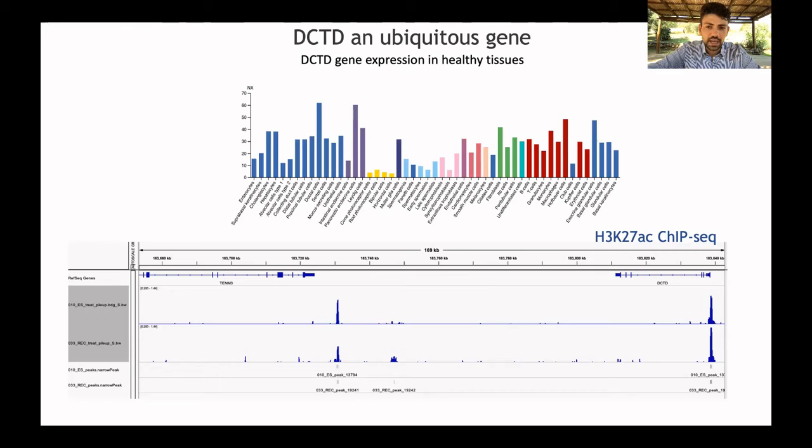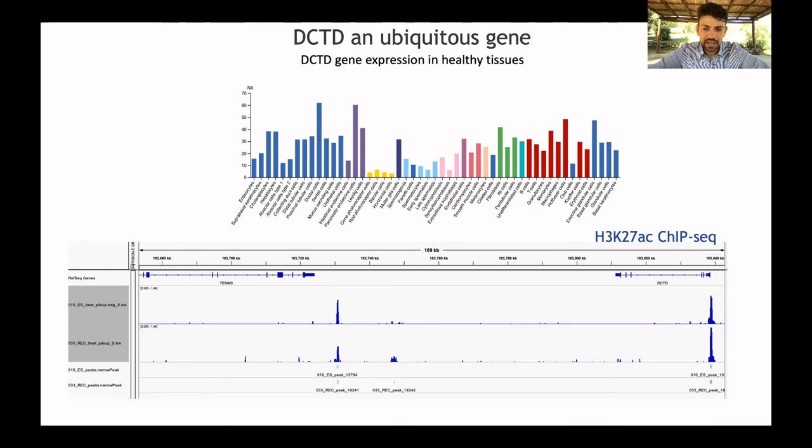And from H3K27 acetylation ChIP-seq in our cell line model, primary acute lymphoblastic leukemia, we can see that this enhancer is actively open and regulated, as well as the promoter of the gene. And we know that this enhancer is silent in the totality of the tissues from ENCODE data.